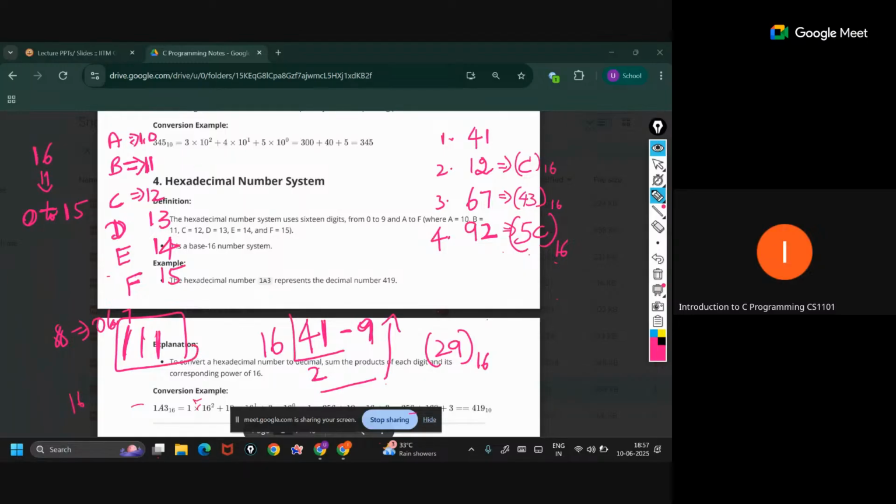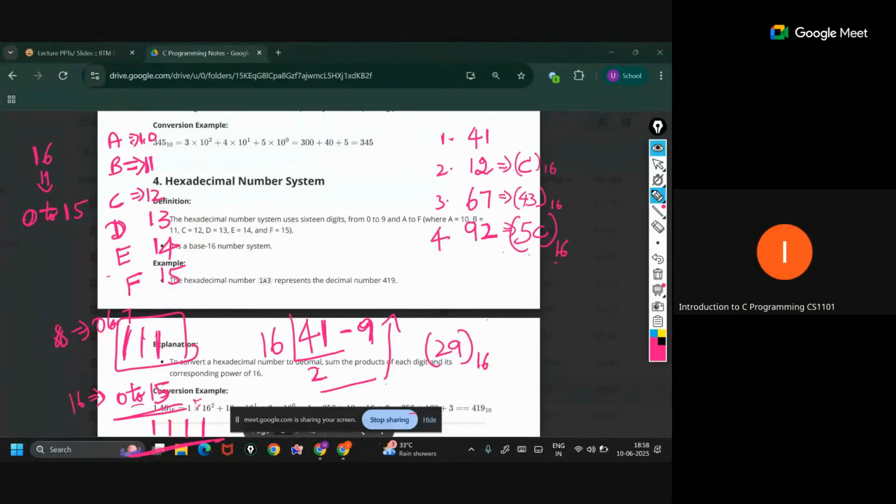So for 16, what is the remainder? We have the remainders from 0 to 15. So what is the number of bits required for representing 15? 4, which is nothing but 15 is represented as 4 ones.